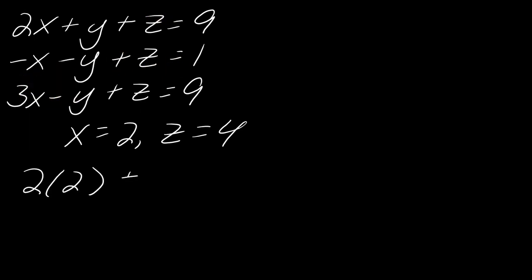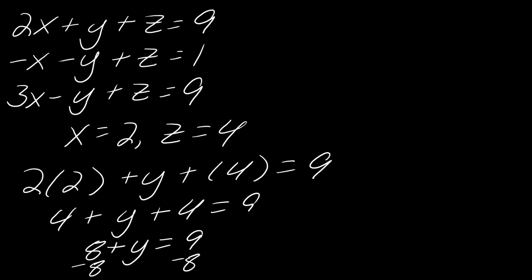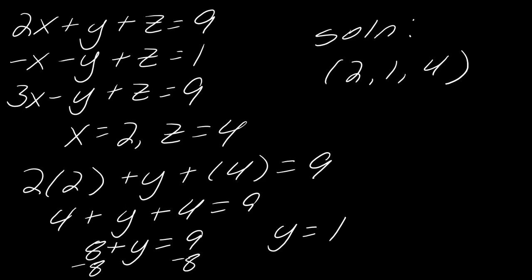So I have 2 times 2 plus y plus 4 equals 9. This becomes 4 plus y plus 4 equals 9, so 8 plus y equals 9. If I subtract off the 8, I get y equals 1. And so my solution is 2, 1, and 4.